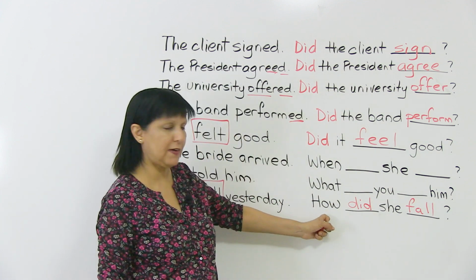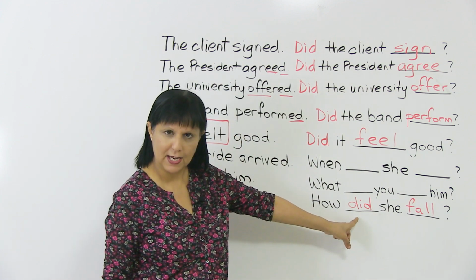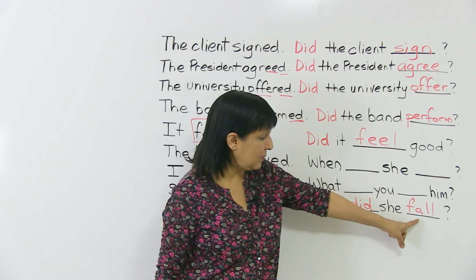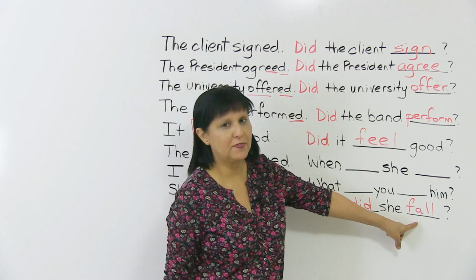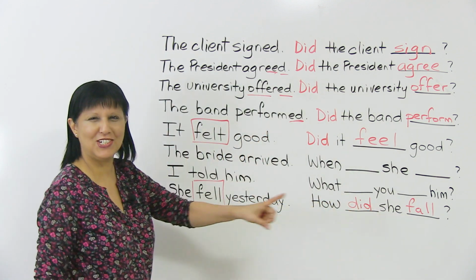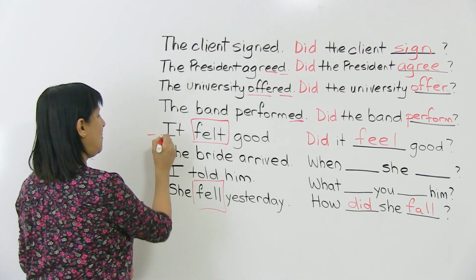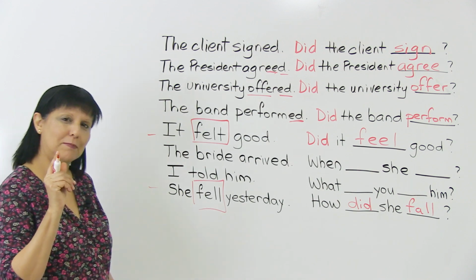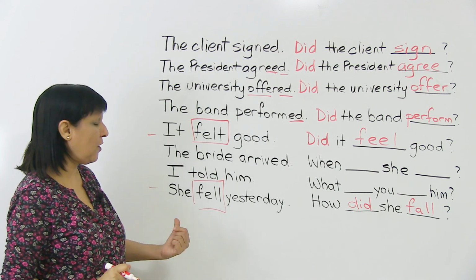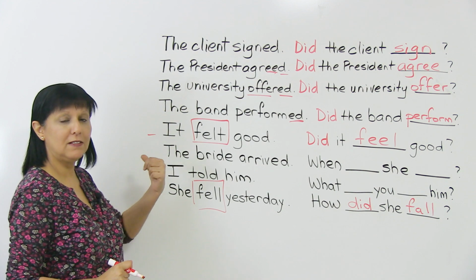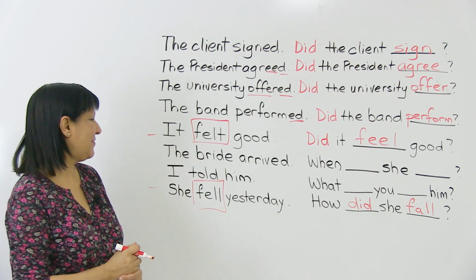All right, because when we have the question word, we still need to add did, and then we come back to the base form of the verb. Okay, how did she fall? All right, so remember these two, okay, people? Students always confuse these two verbs, so make sure you don't do that. Fall, fell, feel, felt. All right, very good.